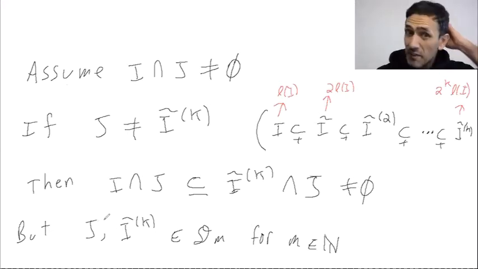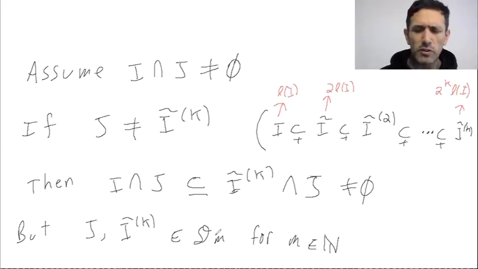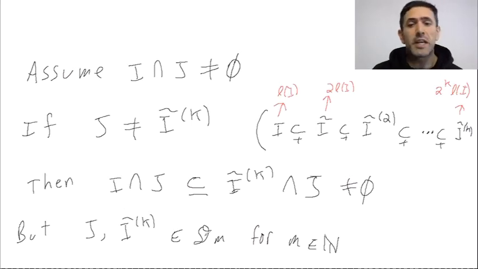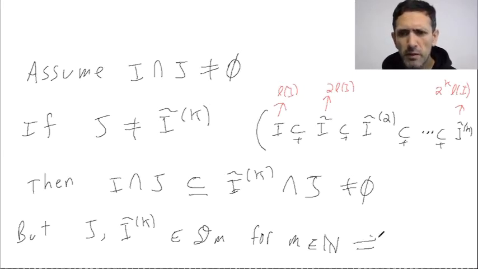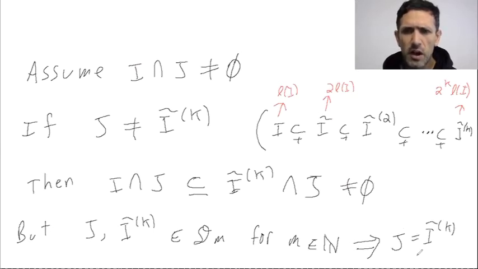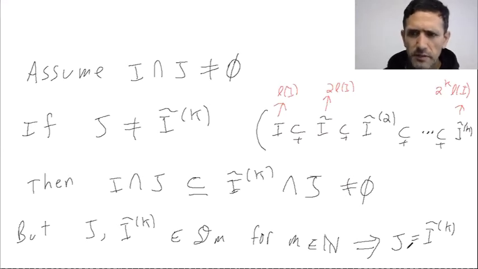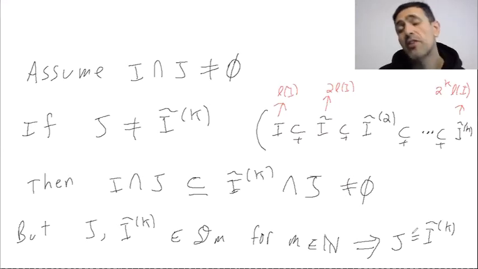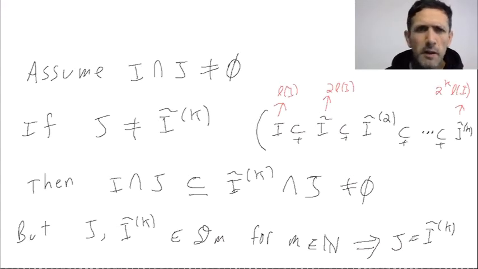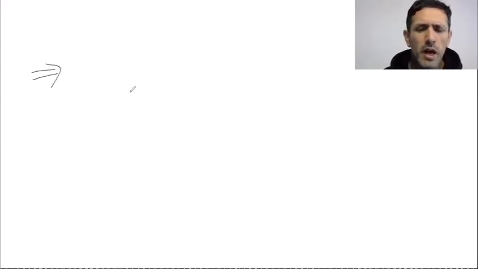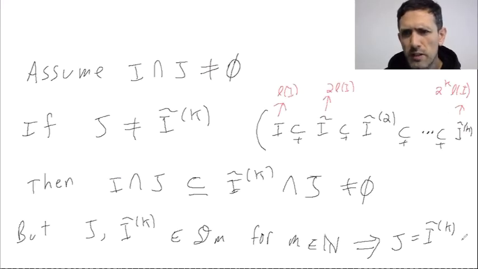Right. So we have 2 dyadic intervals in D_m that have non-empty intersection, but D_m partitions the real line. So that implies that J has to be the kth generation parent of I. That implies, in particular, from right here, I is a subset of J.